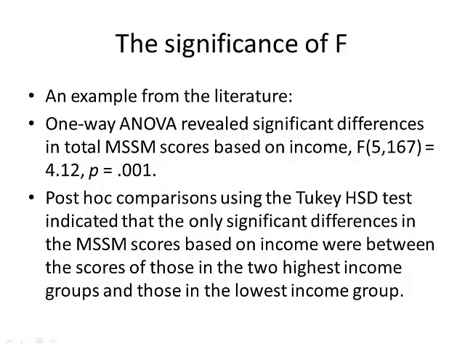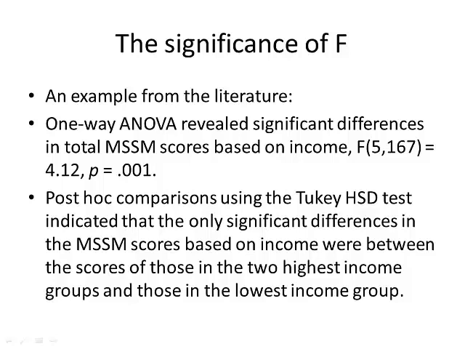So our analysis found that there was a significant difference between the groups. One-way ANOVA revealed significant differences in total MSSM scores based on income. And you would see a statement like that, and then you would see F, and then in the parentheses there the degrees of freedom equals 4.12, and that F is significant at the p equal 0.001 level.